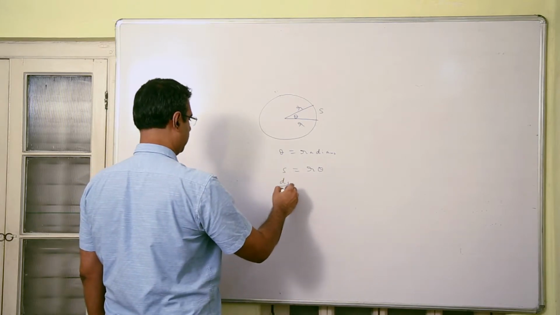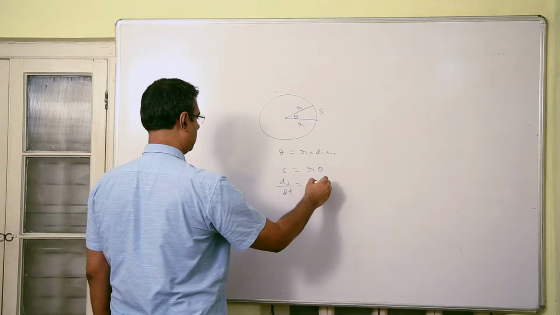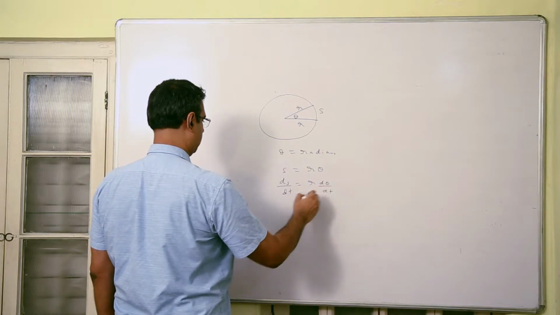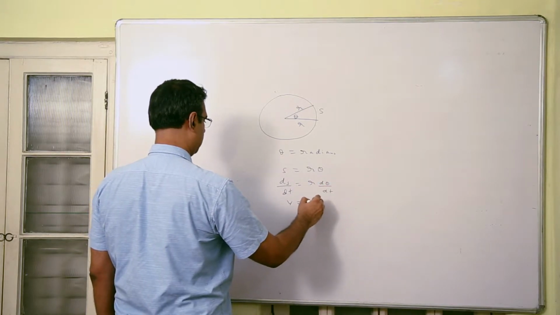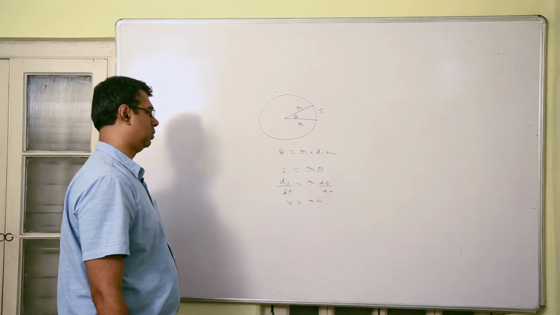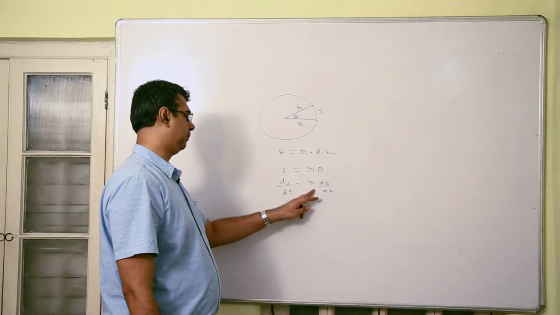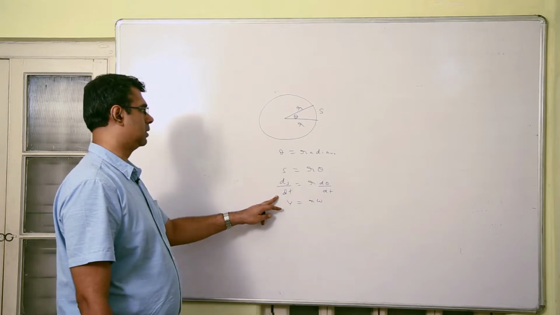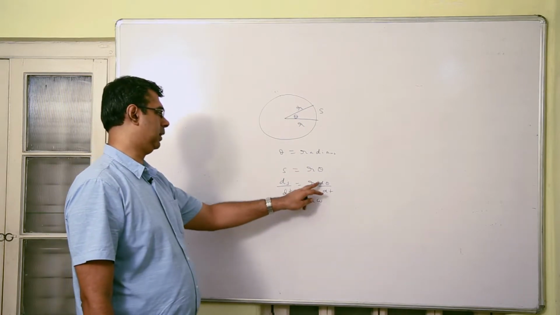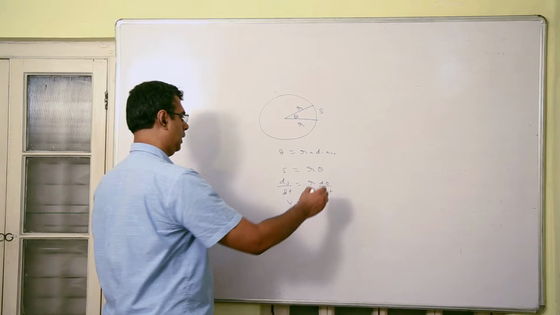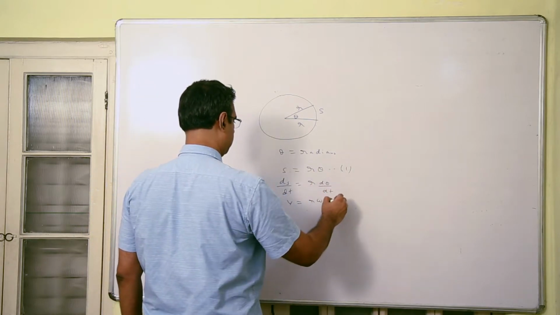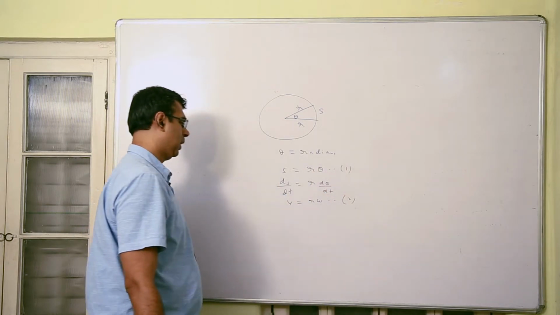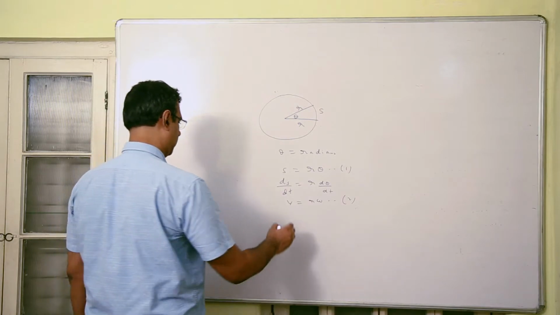Now if you differentiate both sides, you will get ds by dt is equal to r into d theta by dt. ds by dt is linear velocity, d theta by dt is angular velocity. So we are having one relation s equal to r theta, another relation v is equal to r omega.